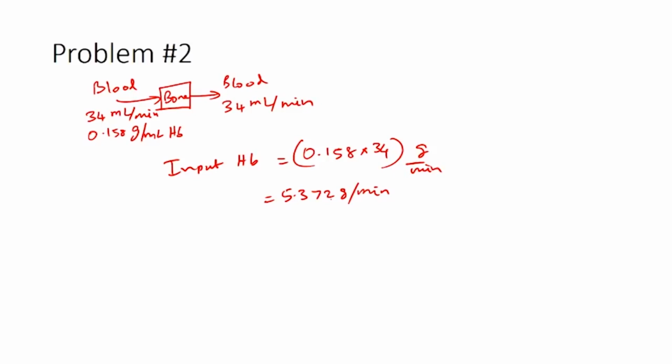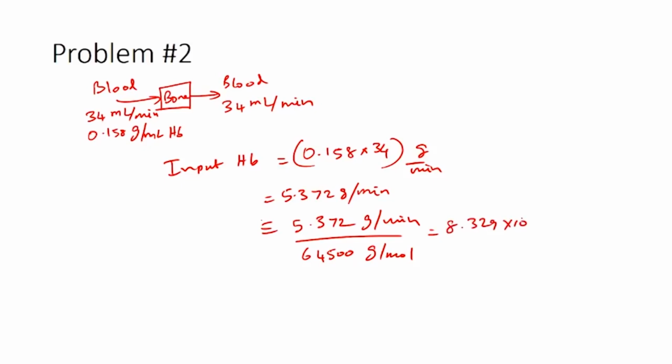For this, we have to convert the mass of hemoglobin to moles of hemoglobin, which we can do by using the molecular weight given to us. So, grams per minute divided by 64,500 grams per mole, giving us the molar flow rate of hemoglobin into the system as 8.329 times 10 power minus 5 moles per minute.